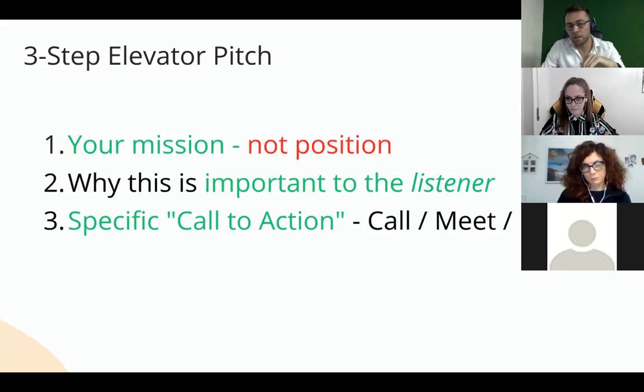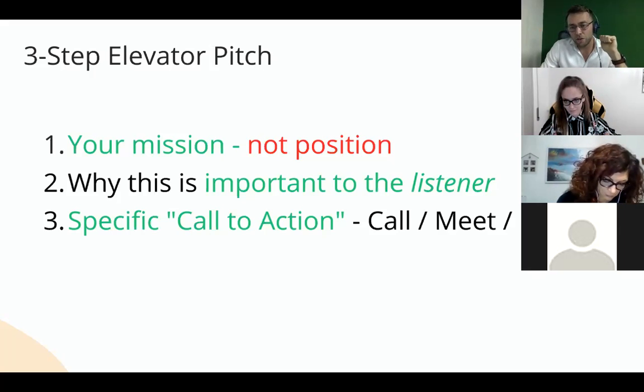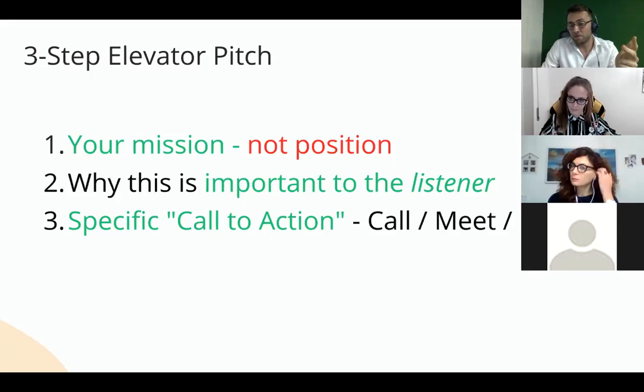And then the final part, this is where a lot of people fail. Call to action. You've explained your mission. You have the listener's attention, but now what do you want him to do? Do you just want a round of applause? Do you want a smile? Do you want a handshake? You need something concrete. So let's get a meeting. Let's exchange email addresses.